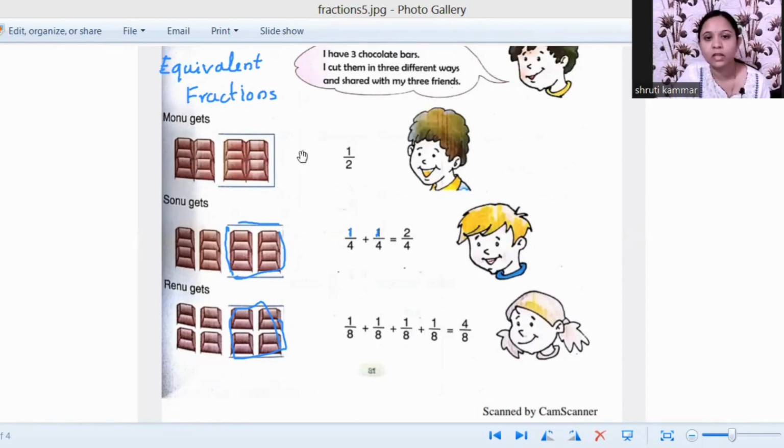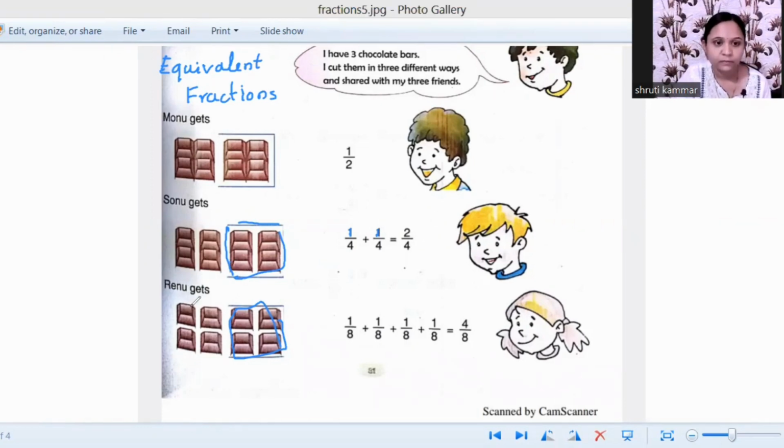One half he gave to one of his friends, that is Monu. The other chocolate bar, he divided into 4 parts, 4 quarter parts. 2 quarter parts he gave to Sonu.